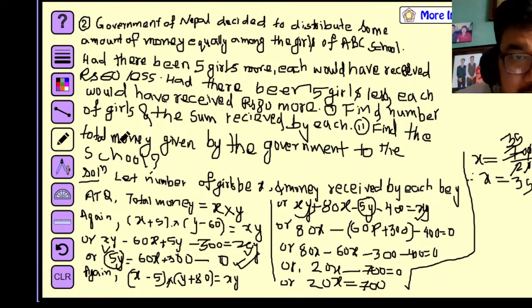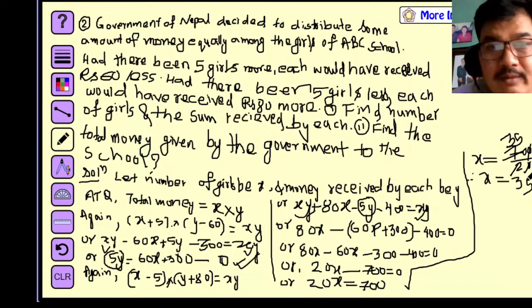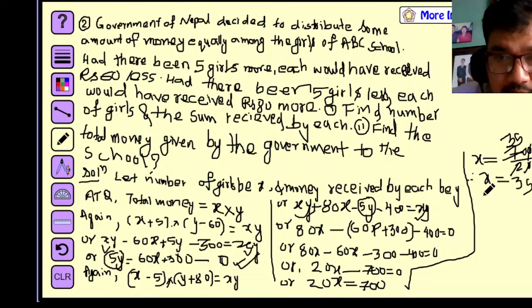Here x means what we supposed at first, the number of girls. The number of girls comes to 35, and we get y as well. Look here, what was y? Here we can put from equation 1.